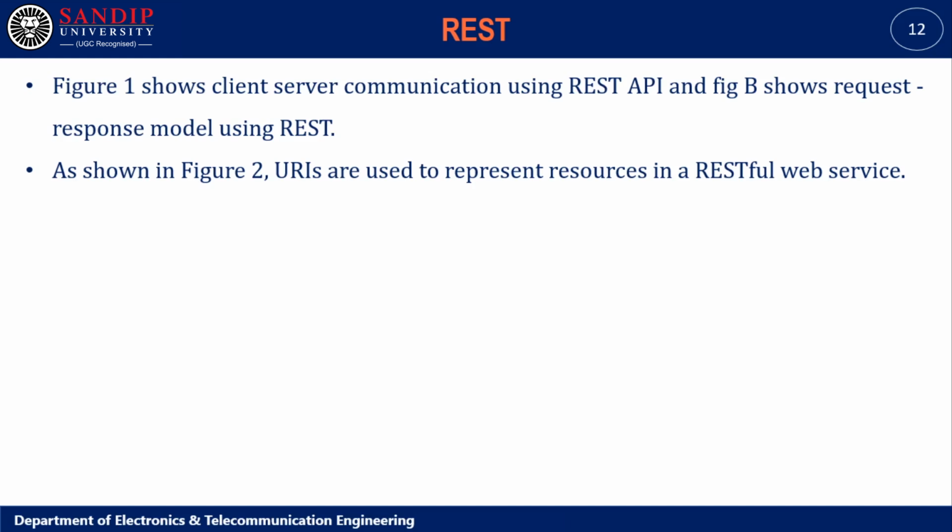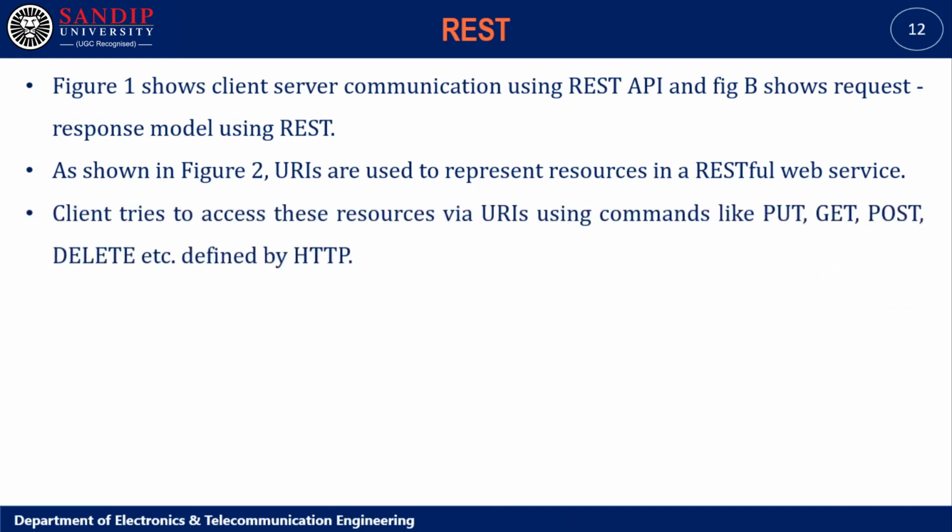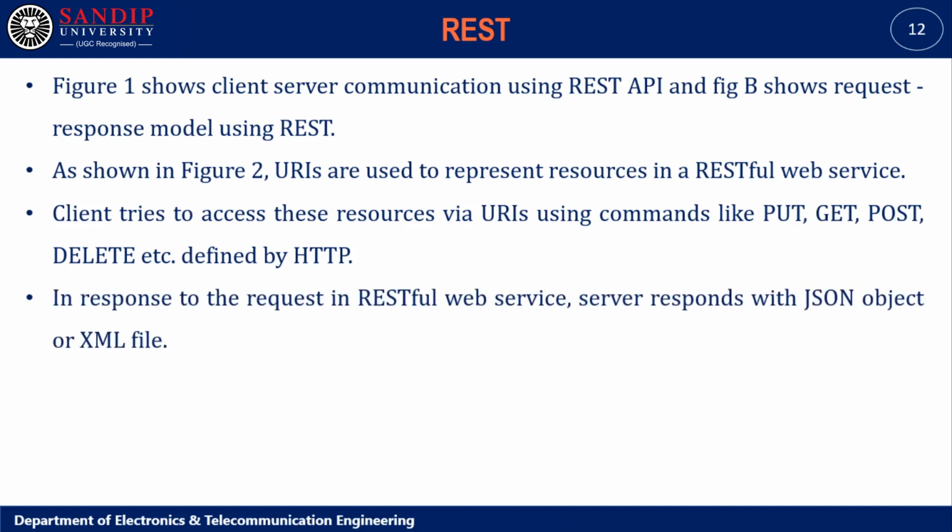As shown in Figure 2, URIs are used to represent resources in a RESTful web service. The client tries to access these resources via URI using commands like PUT, GET, POST, DELETE, etc. defined by HTTP. In response to the request in a RESTful web service, the server responds with a JSON object or XML file.